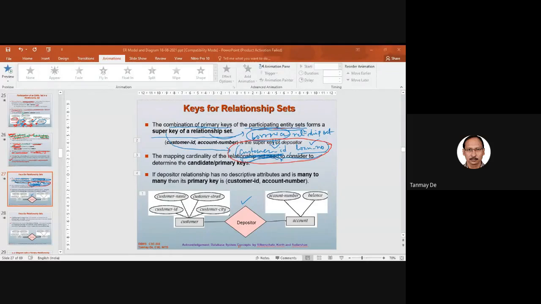Is slide number 27 visible from your side? Yes, sir. Now keys for relationship sets is visible, sir.